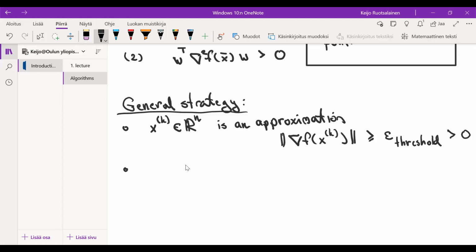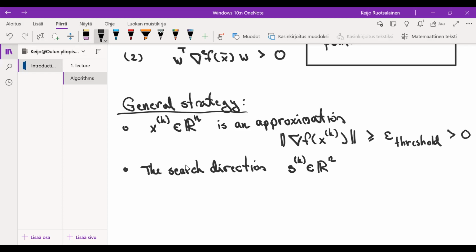Next step is to find a search direction. It is some vector in Rn.